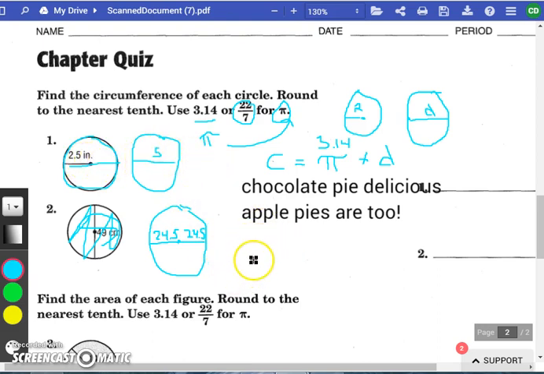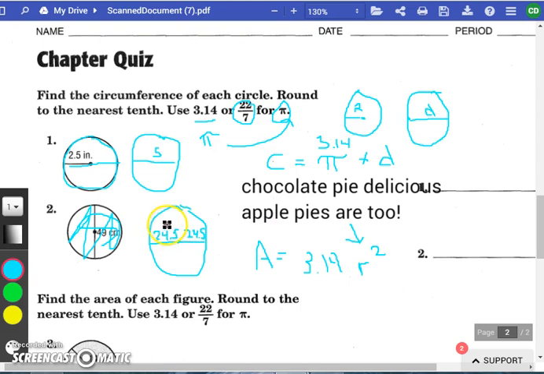Now down here, apple is going to stand for area. The pi, once again, is going to be 3.14. The r is the radius, and the 2 is squared, okay? So this is 3.14 times radius squared.